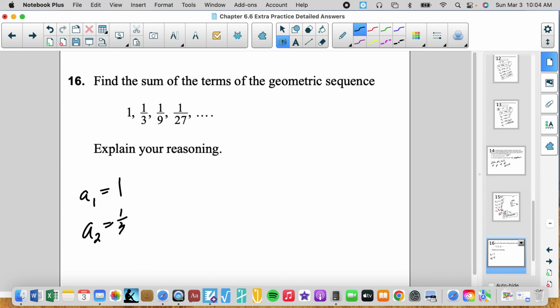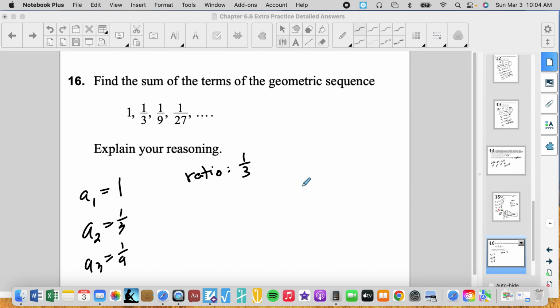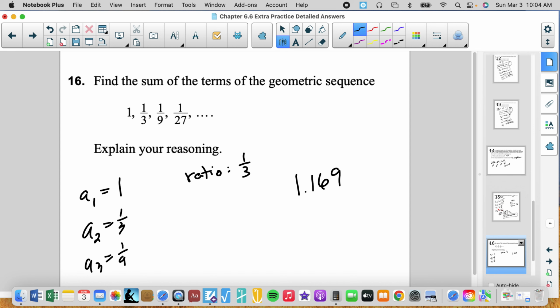We're dividing by 3, so my ratio is 1/3, then 1/9, etc. So the sum of those, I know that it's going to be Euler's number, 1.16, blah, blah, just from being a nerd, because you're going to get 1/3 plus 1/9 plus 1/27, and so on.